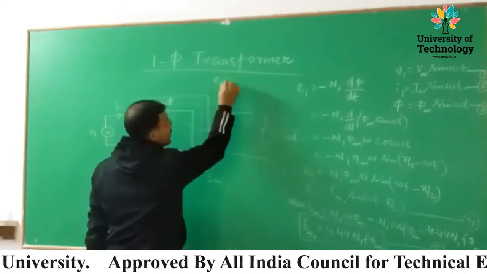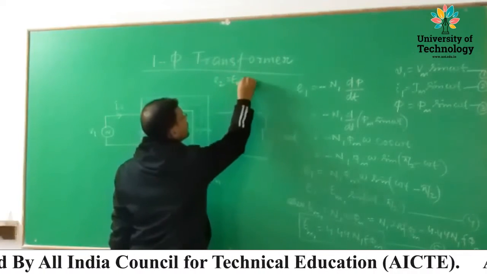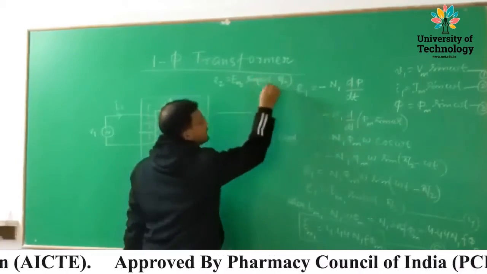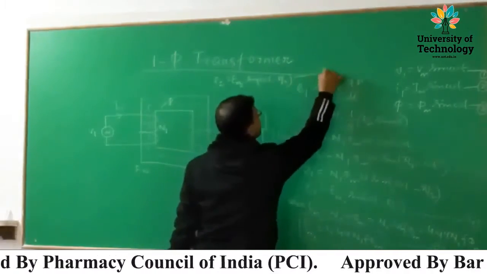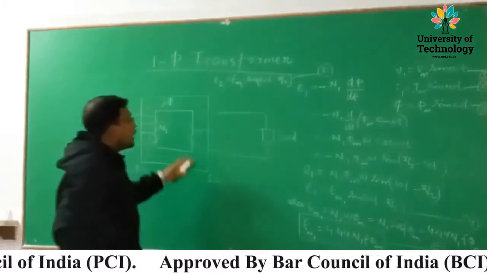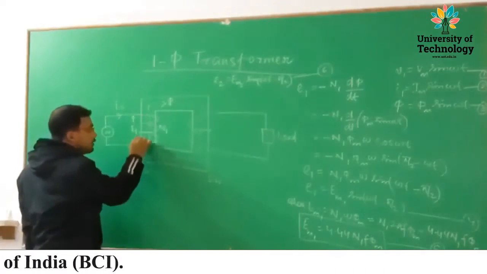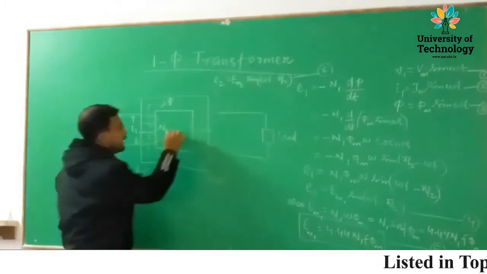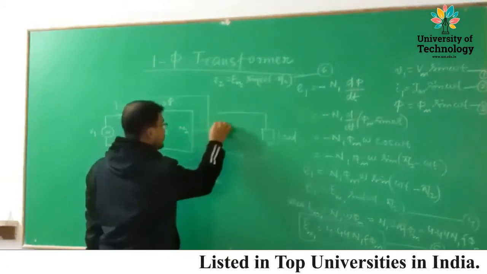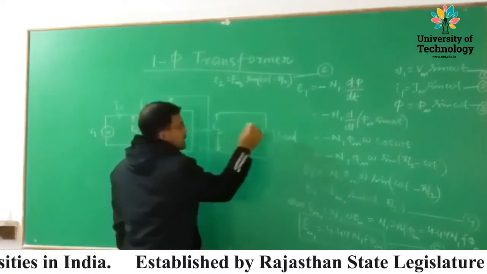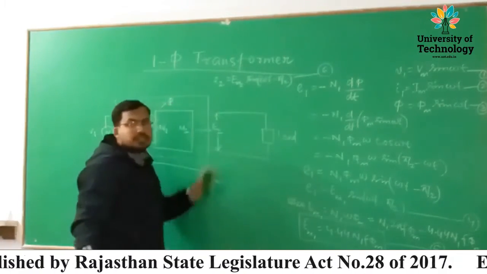E2 is equal to Em2 sin(omega t minus pi by 2). This is the equation of EMF which is induced here in the secondary winding. E1 is the induced EMF in the primary winding, and due to N2, E2 is the secondary voltage which is induced.